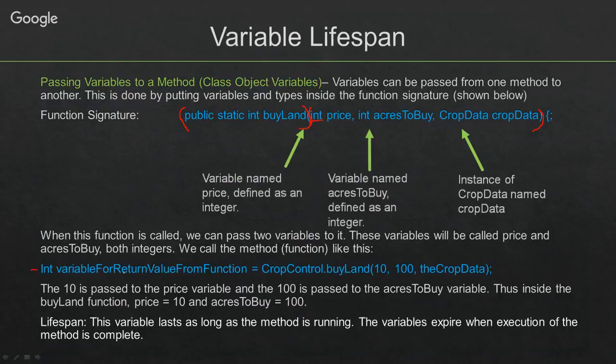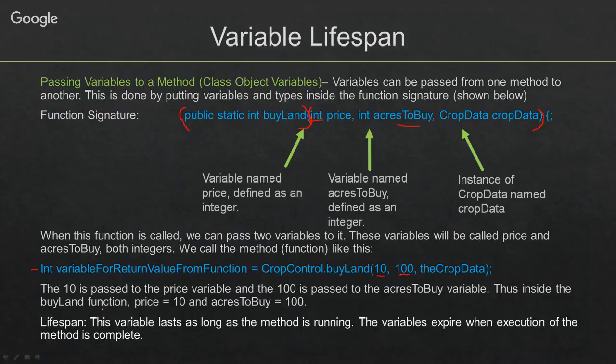Int variable return for value from function equals crop control by land is, and then these are what's being called in, 10, 100, and the crop data. So the 10 is passed to the price variable, so from here to here. And the 100 is passed to the acres to buy variable, so acres to buy is 100.